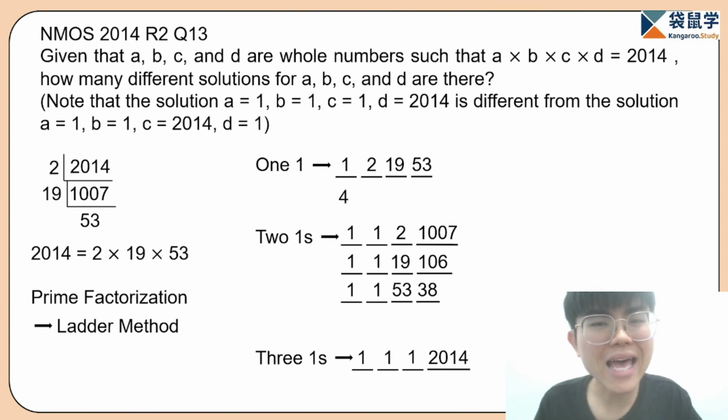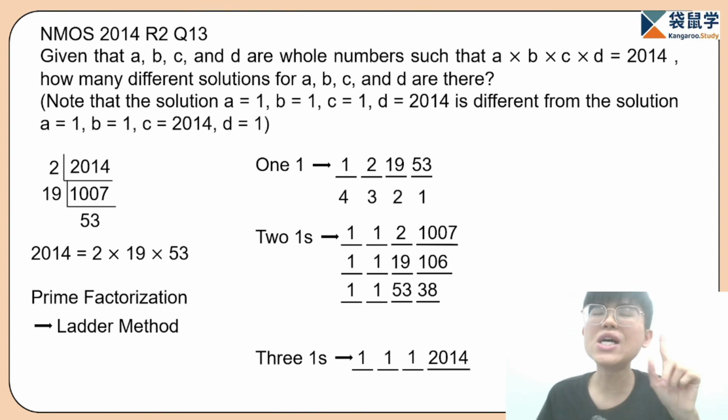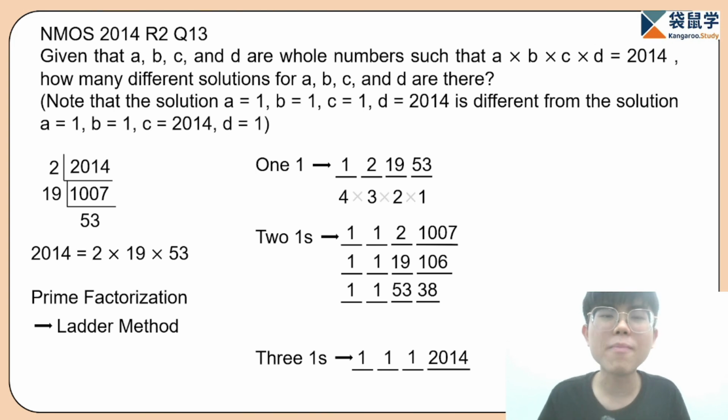Then, once number 1 takes one of the letters, how many choices are left for the second number, which is 2? 3 choices. Then we have 2 choices for C and the last choice for D. To find the different orders, we just multiply them together and we get 24. This is what we call the multiplication principle.